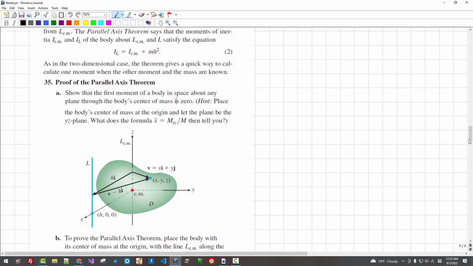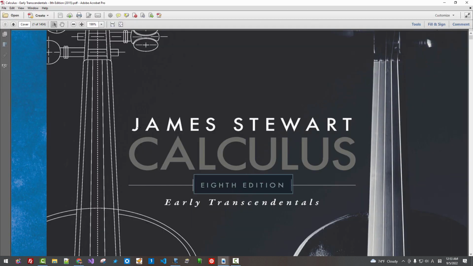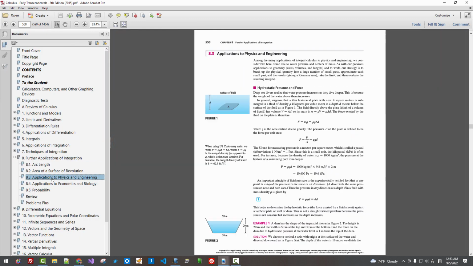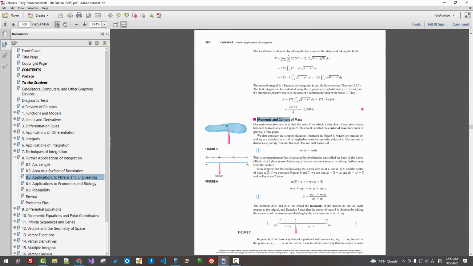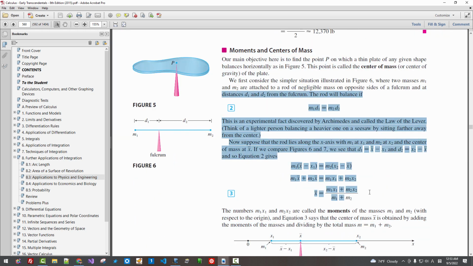But as I said, I got this explanation from James Stewart Calculus, Chapter 8, Applications to Physics and Engineering, from Moments and Center of Mass. I got the explanation from this part of the book.